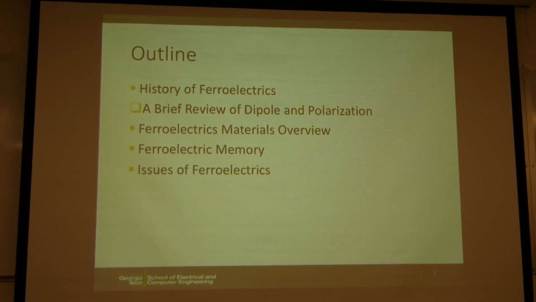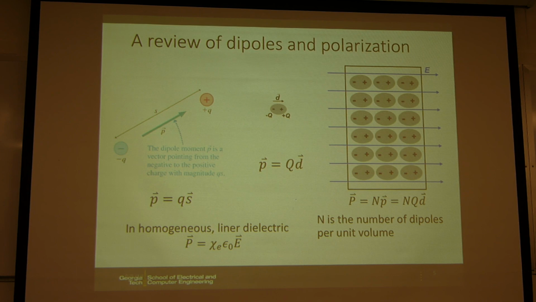So now I'll start a brief review of some basic electrostatics. You've perhaps learned this before. We have two charges here, one negative and one positive, so we can form a dipole.